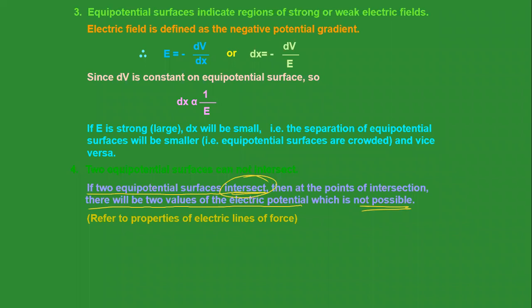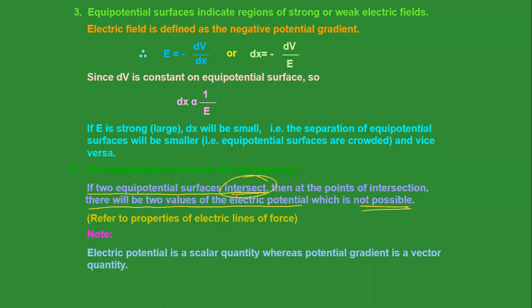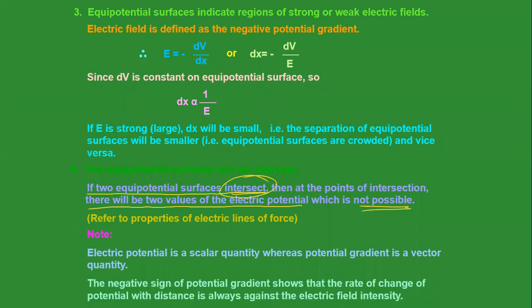Now next one. So here are some points to remember. Electric potential is a scalar quantity, whereas potential gradient is a vector quantity.